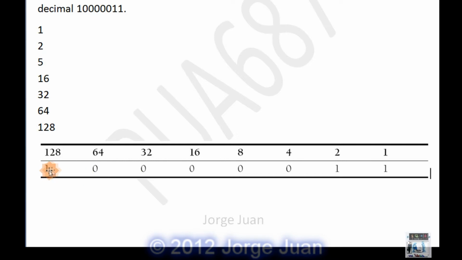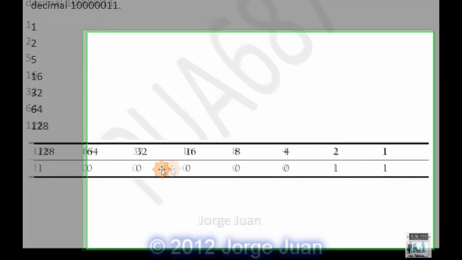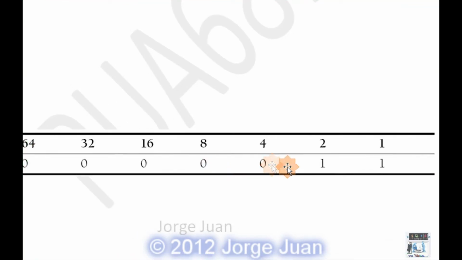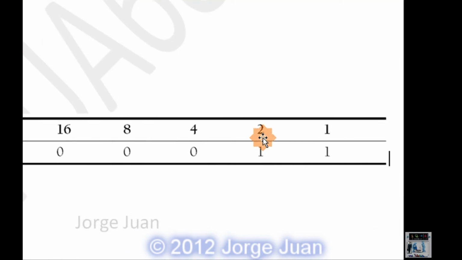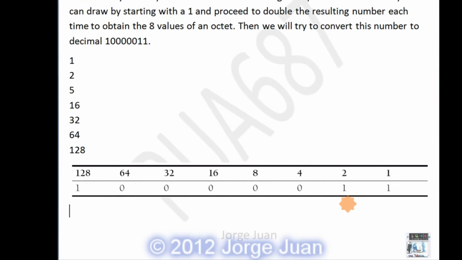In this case, the leftmost bit has a number 1, so the value for that is 128. We do not add to that 64 because it's 0, and all these values that are 0 we don't need to add. So we add to 128 2 because we have a 1 on the number 2 value. That makes it 130, and then we have a 1 in the 1 position, so that makes it 131. Therefore, the binary number that we have right here equals 131.